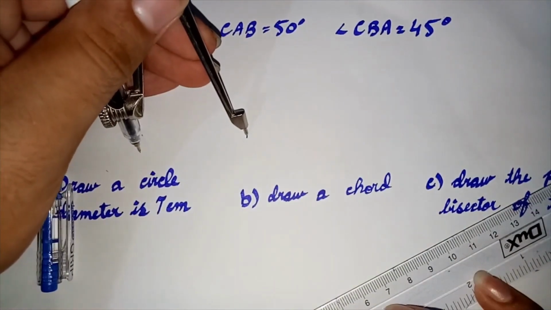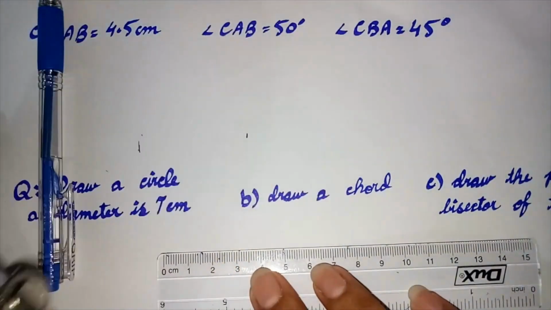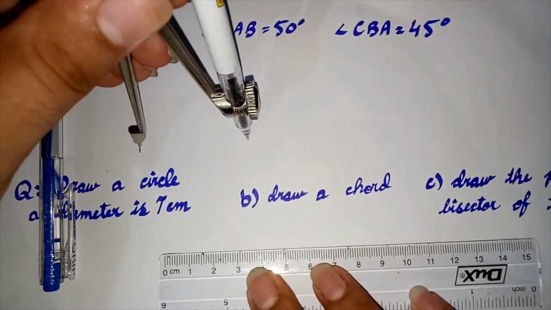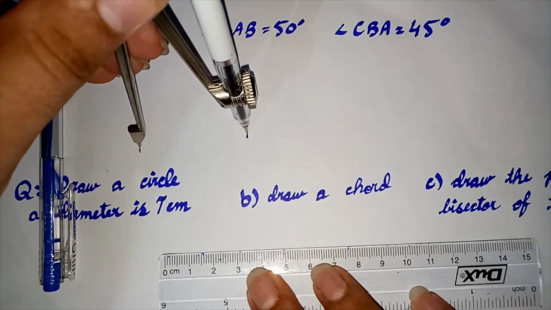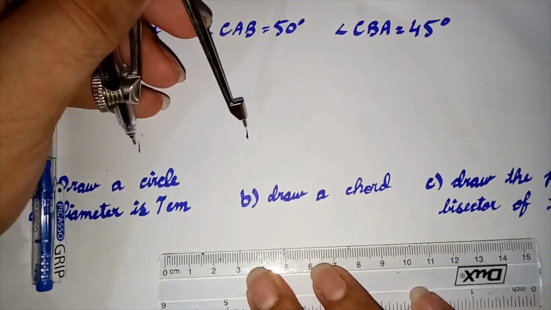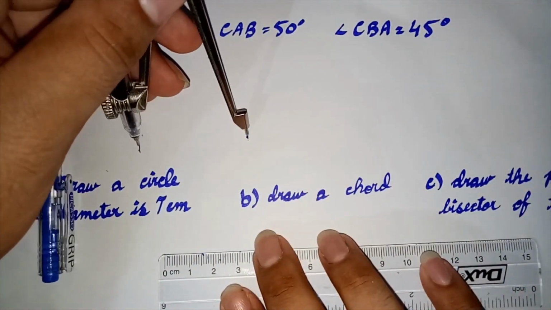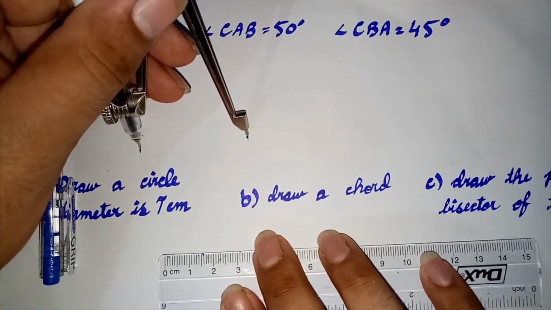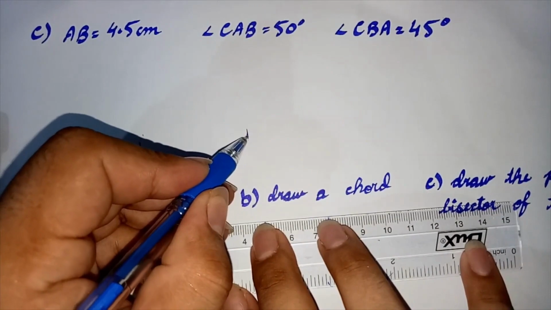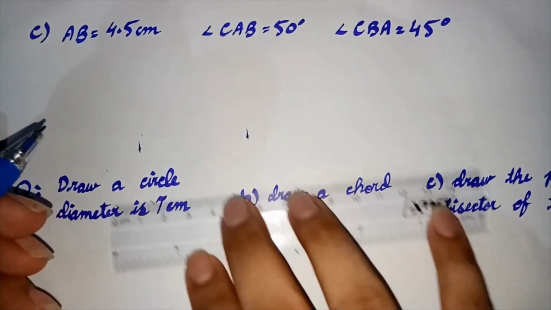I can also draw a line with the help of this compass by drawing this arc. Here we have to make a point, and by putting this one here and here, okay. So now here I have taken a point, this one, and here I have taken the point which is this one, okay.